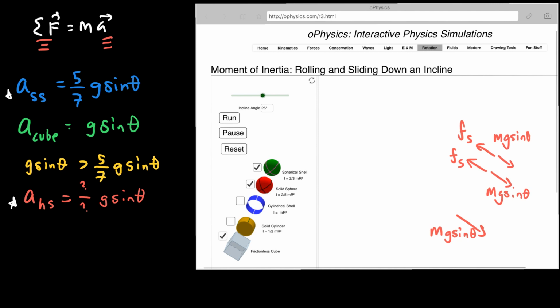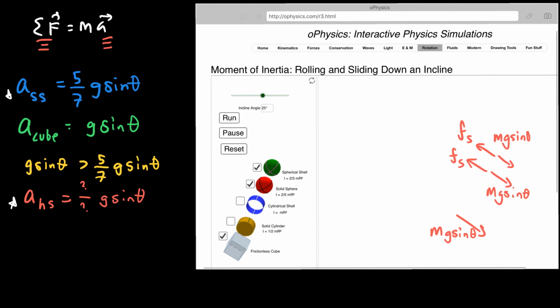The mass distribution of the hollow sphere is such that all of its mass is on the edge, the furthest away from the axis of rotation, but the solid sphere has some of that mass closer in toward the axis of rotation in a uniform mass distribution. So the solid sphere has some mass that's closer to the axis of rotation, so it's going to be easier to roll, and that's why in the given values the moment of inertia of the solid sphere is less.